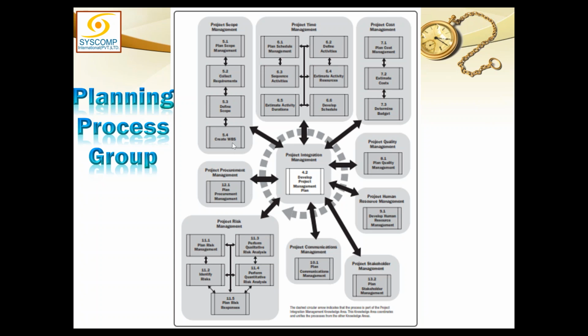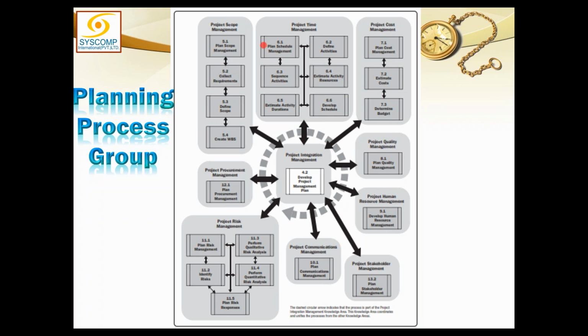And each group of processes for each knowledge area is separately shown on a background box, like in the case of scope. In the case of scope, we have 4 processes in planning. First, we develop the scope management plan, then we collect the requirements, then we define the scope, then we create the WBS.